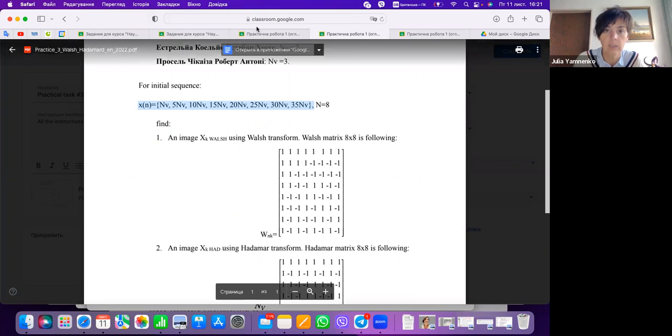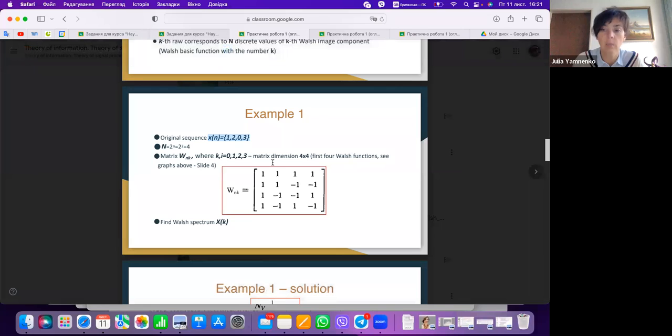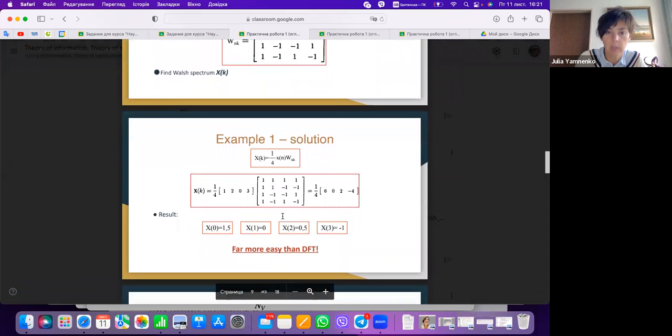So you have it here. But anyway, the rest is the same. The calculation is absolutely similar. So you have a matrix here in the 4 by 4 example. The matrix consists only of 1s and -1s, and you have to find the spectrum.